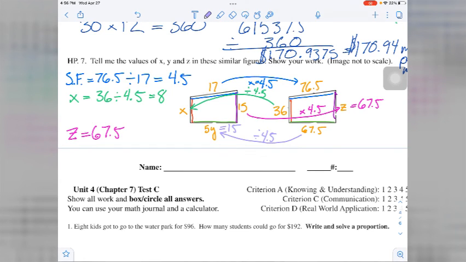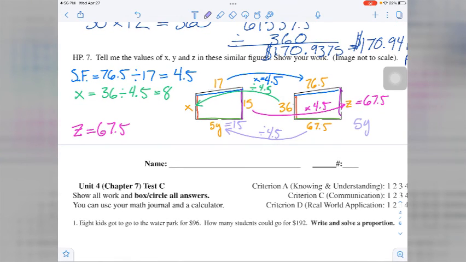But that does not mean that y is equal to 15. What it means is that 5y is equal to 15. And so in order to figure out y, you have to go the extra step and divide by 5 and get y equals 3. So you should have y equals 3 for this last one, because 5y is equal to 15. So 1y can only be worth 3.